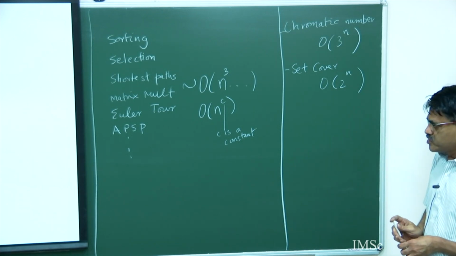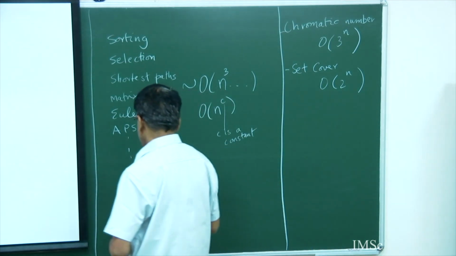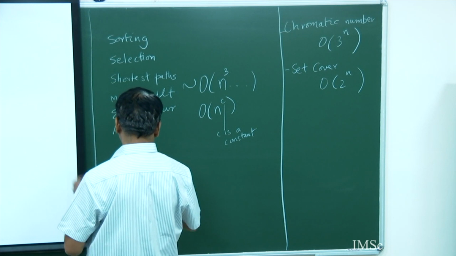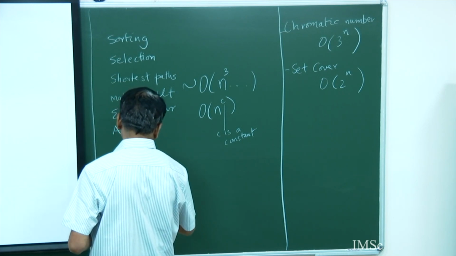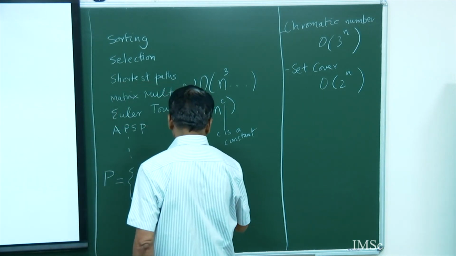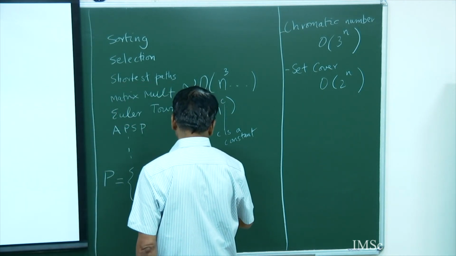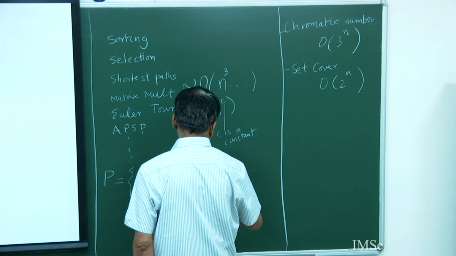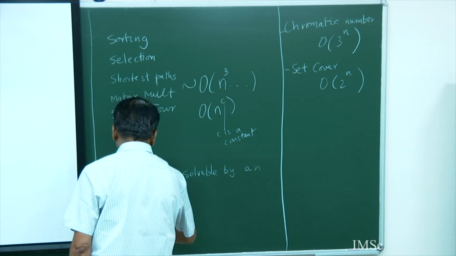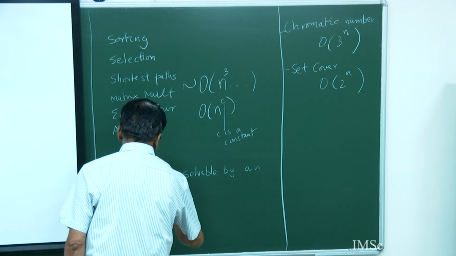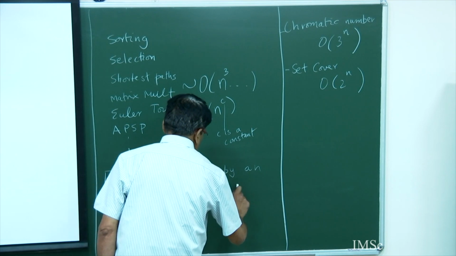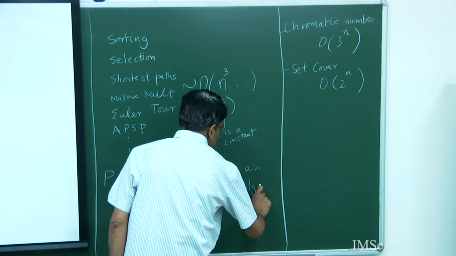Okay, so we're going to call P the set of problems solvable by an algorithm in time polynomial in input size.